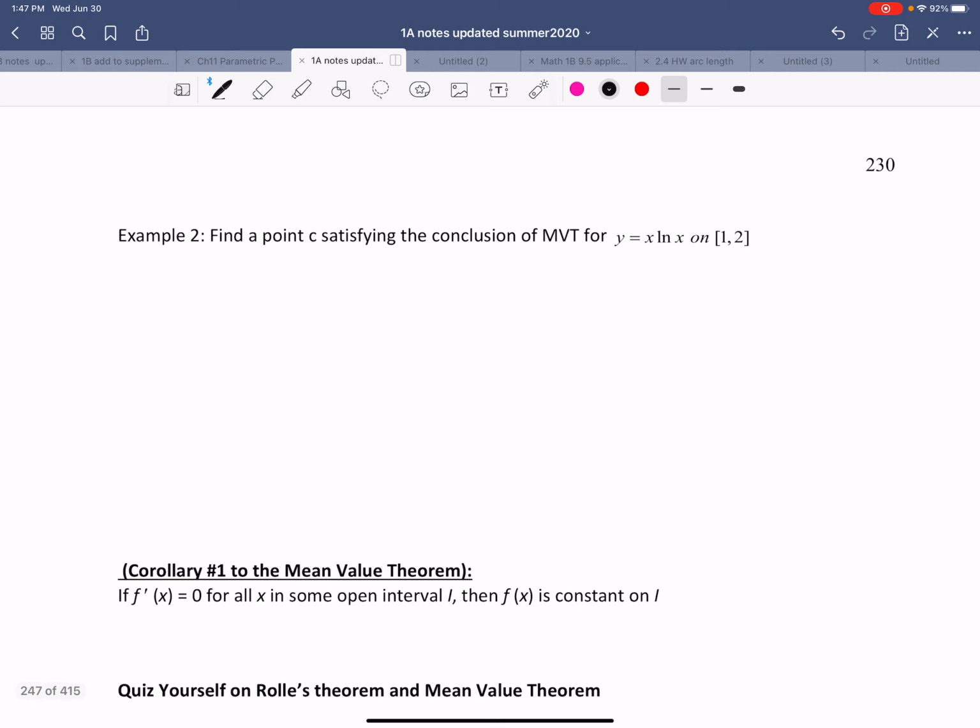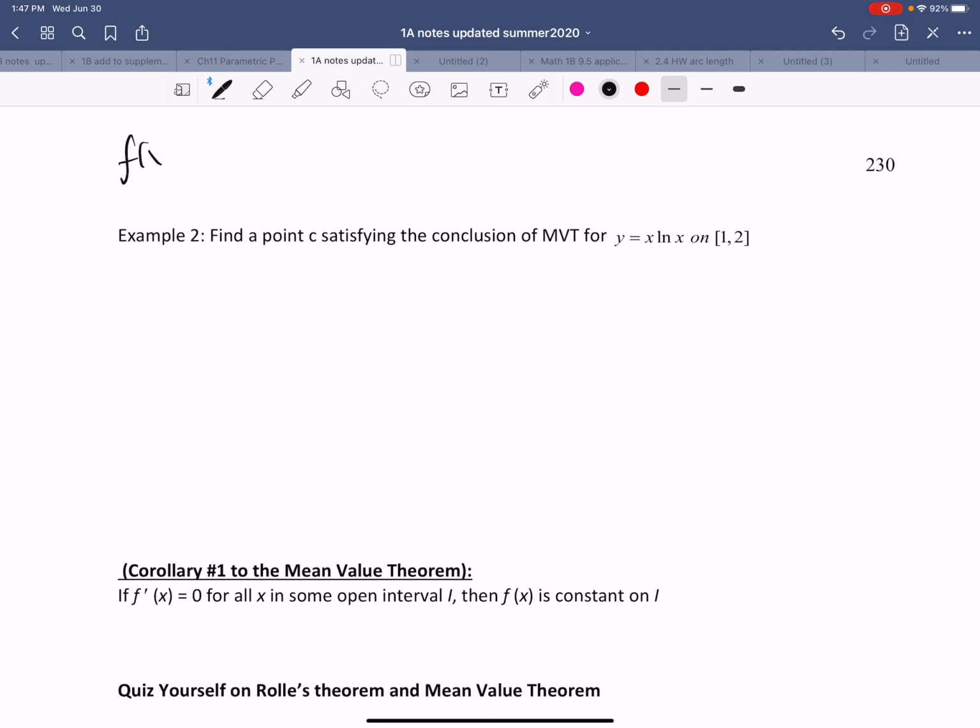Okay, another example. Find a point c satisfying the conclusion of the mean value theorem for y is equal to x natural log of x on the interval 1 and 2. First of all, we need to think about y is equal to x natural log of x. Is it a smooth continuous curve or not?